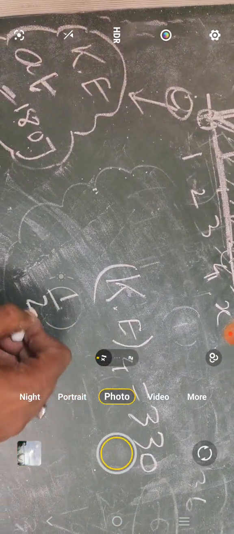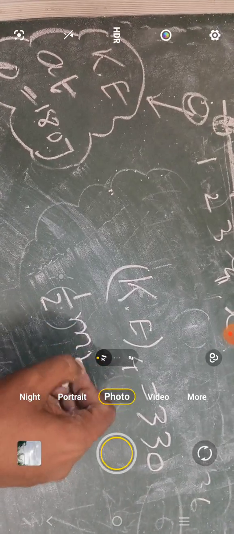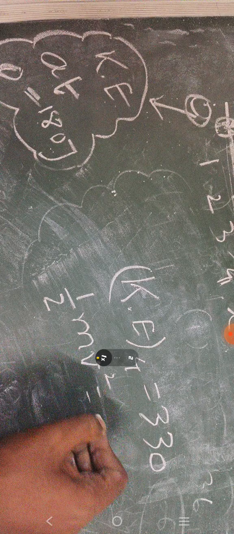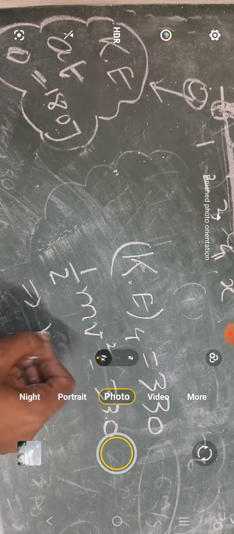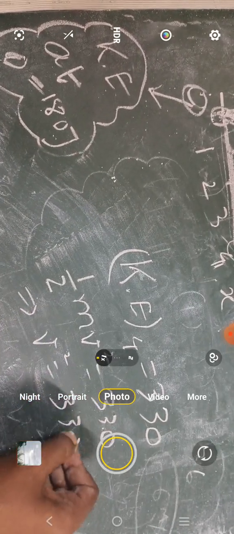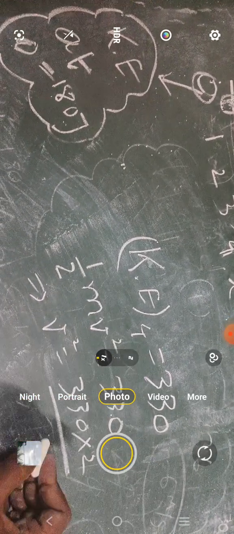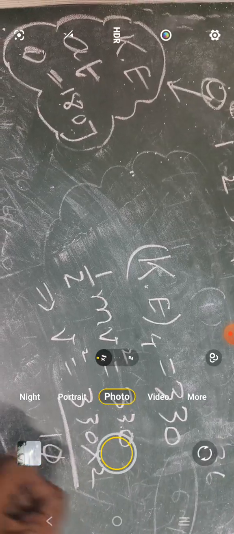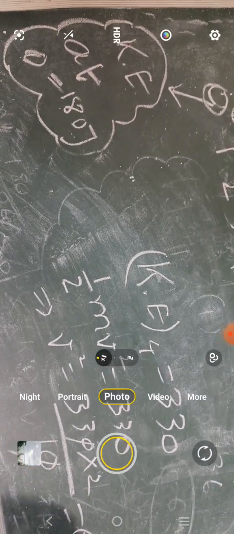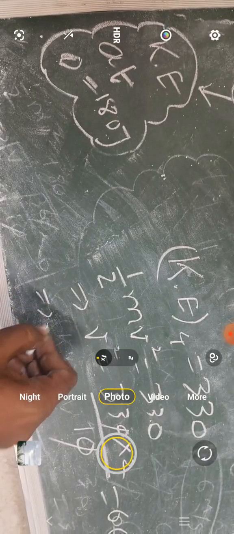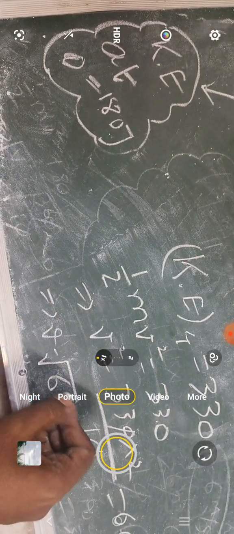And what is the formula? Half mv square equals 330 joule. That means v square equals 330 into 2 by 10, that is 66. So v equals root 66 meter per second.